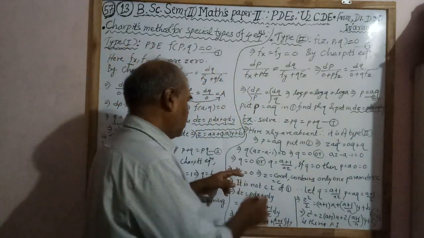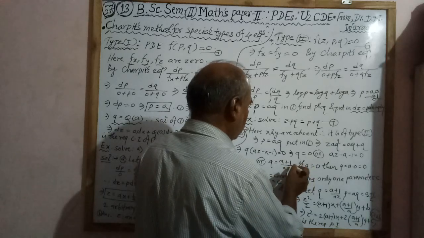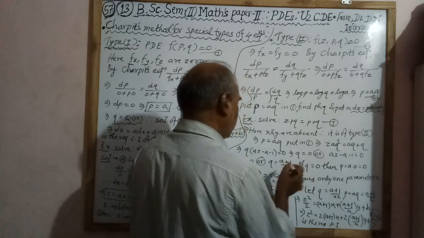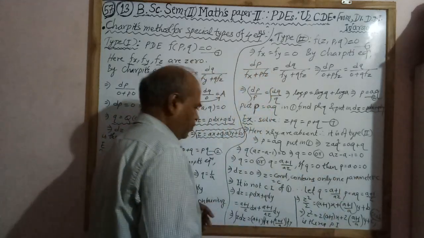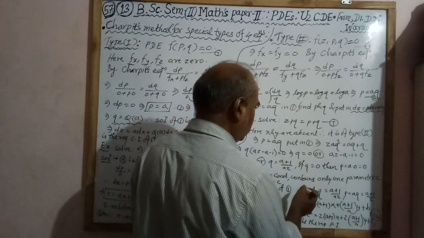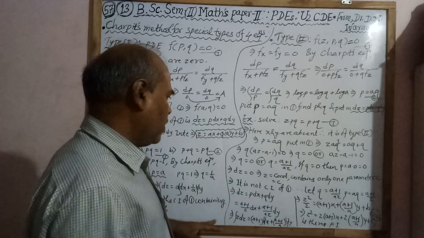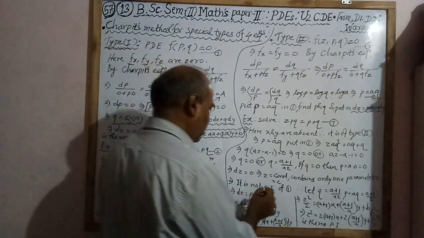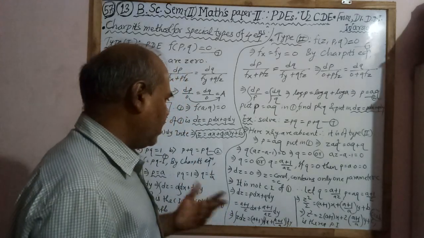Now from this take q common and therefore we have q equal to 0 and q equal to (a plus 1) divided by az, two values of q. If we consider q equal to 0, then p equal to 0. Therefore dz equal to 0 and integrating we have z equal to constant, which contains only one parameter c. Therefore it is not a solution, or not a complete integral, of equation 1.